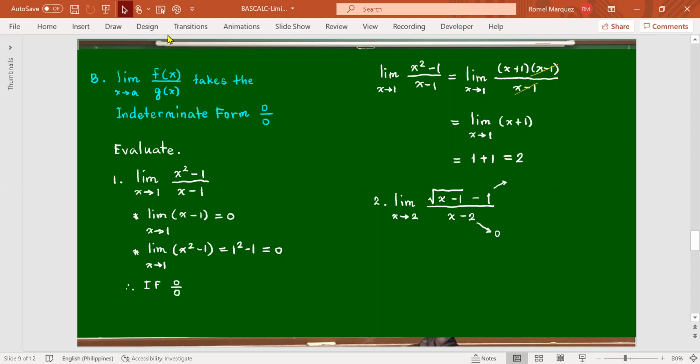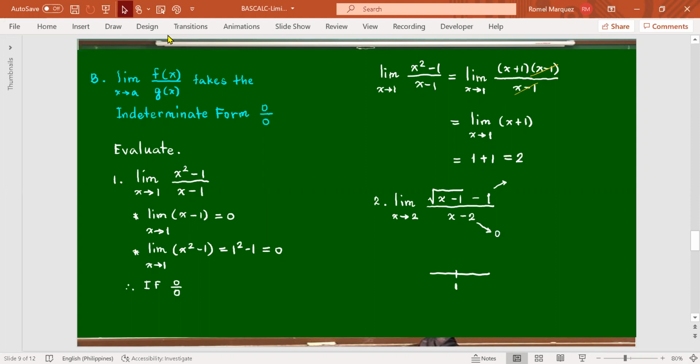So meaning, I can go to immediate left and immediate right ng 2 dito sa radical na to. Pag ito'y 2, may space pa that I can move to the left and to the right na hindi ko maaabot yung x na equal sa 1. Kasi bawal na yan sa 1, di ba? Dulo yan eh.